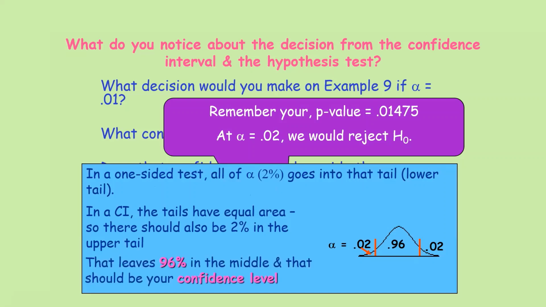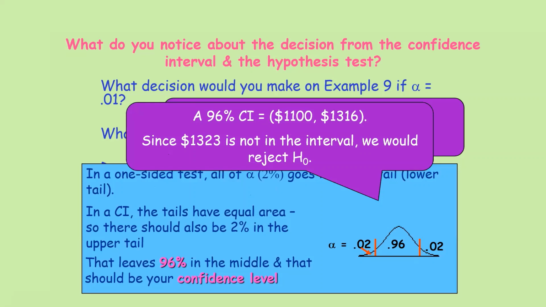So that leaves 96% in the middle, and that should be your confidence level. So a 96% confidence interval would show that 1323 would not be in the interval, so we would reject.